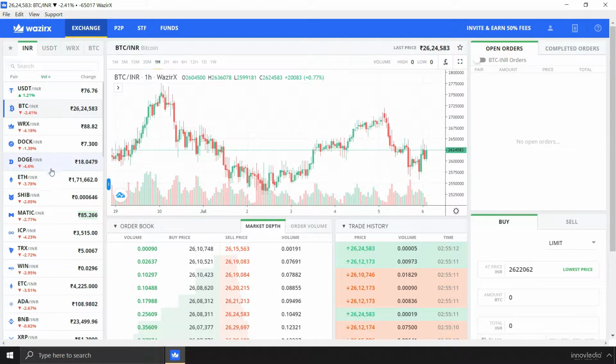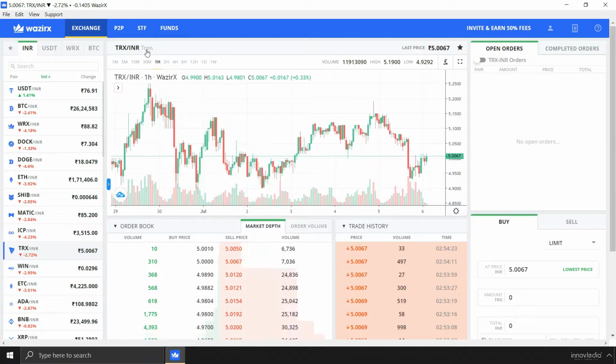Right now I'm going to buy TRX, which is Tron, and click on this pair because this is the Tron and INR pair. This is the exchange, so you can exchange your INR for Tron. You can buy cryptocurrency Tron by exchanging your INR, which is in your wallet.